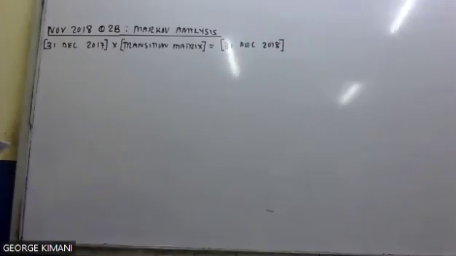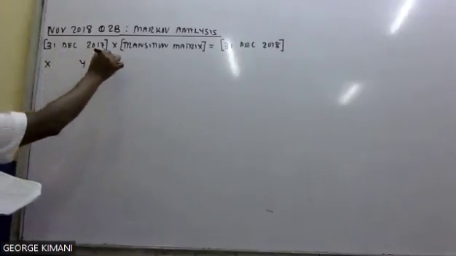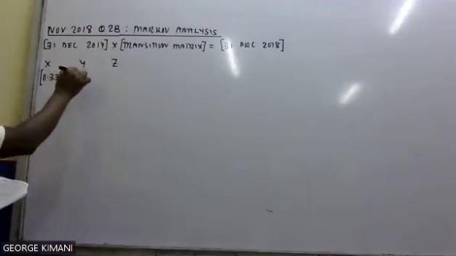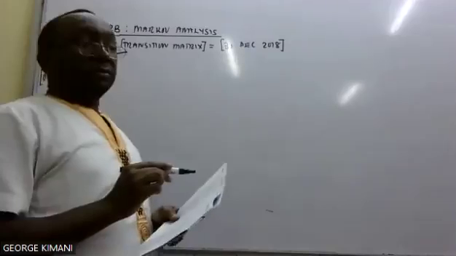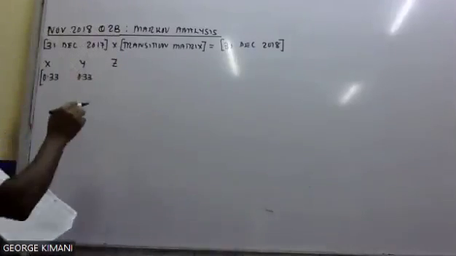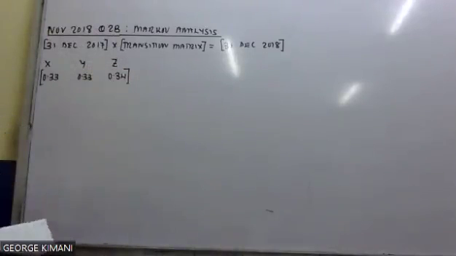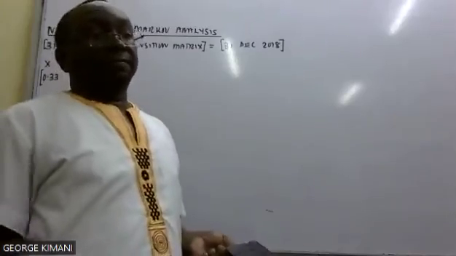So the question says that they had equal market share. So if they had equal, if you divide 1 by 3, you will get 0.33, 0.33. And because they must add to 1, we must give this other one 0.34. Even though we are told they had equal, for the purposes of solving, it must add to 1.